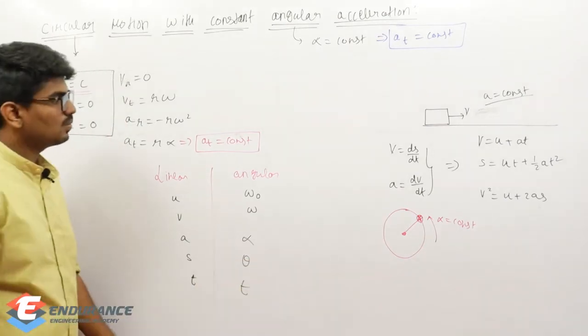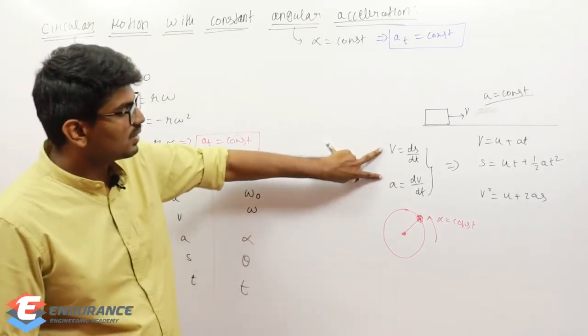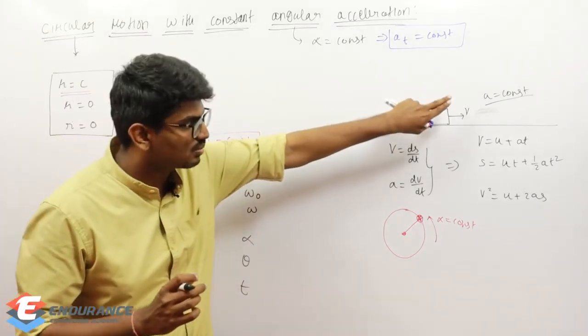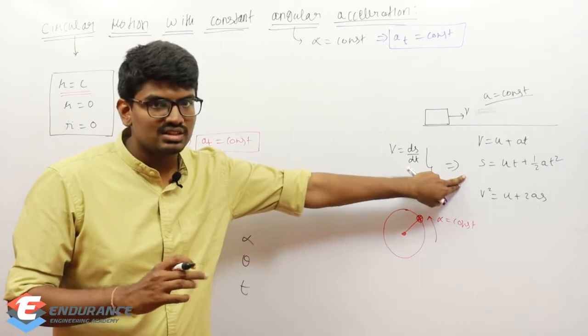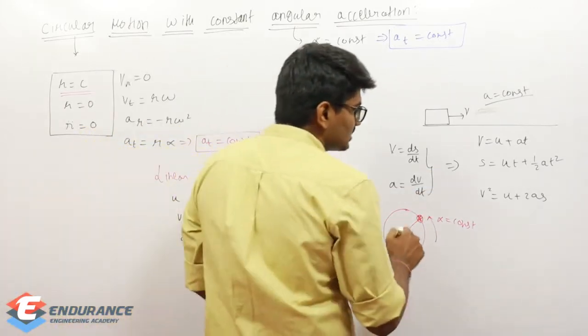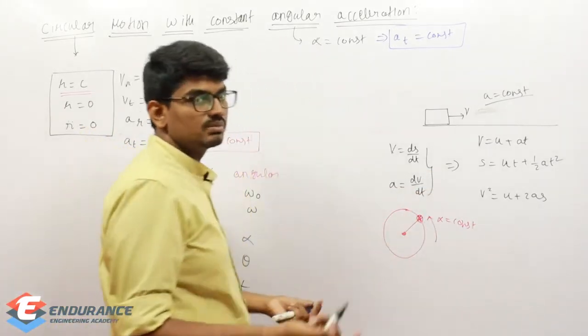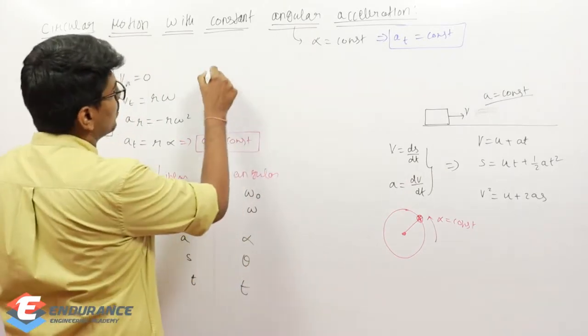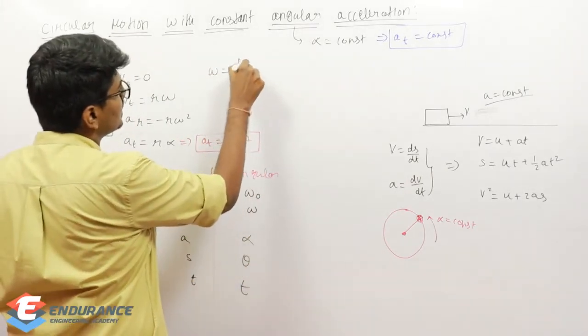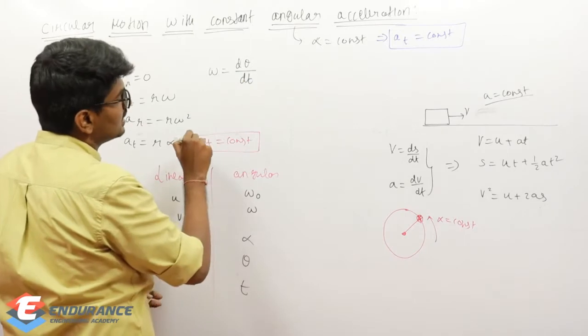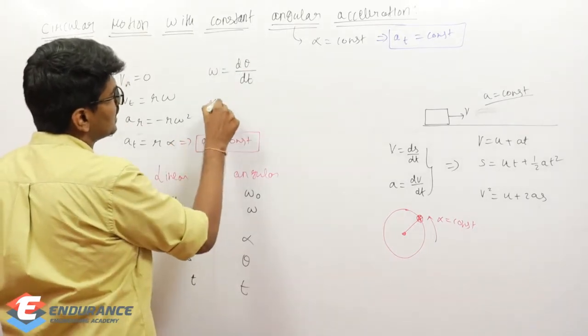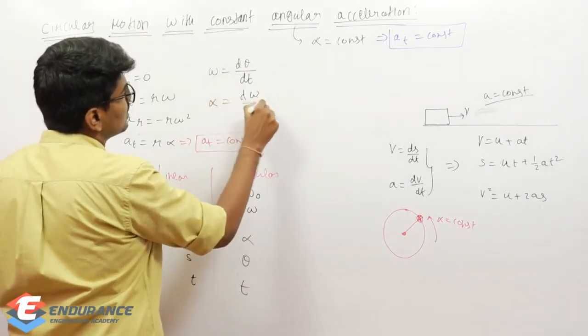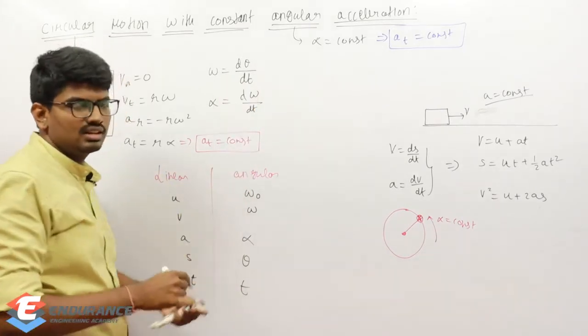Now, by using these two equations and by assuming acceleration to be constant, we got these three equations. Similarly, for angular motion we have two equations. I hope that you remember: omega is equal to d theta by dt, the general equation, and similarly alpha is equal to d omega by dt or d square theta by dt square.